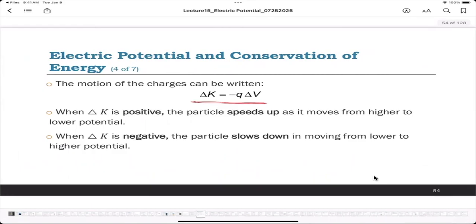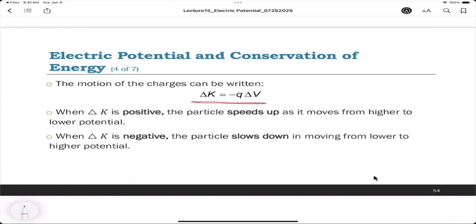When delta K is positive, the particle speeds up as it moves from higher to lower potential. When delta K is negative, the particle slows down in moving from lower to higher potential.